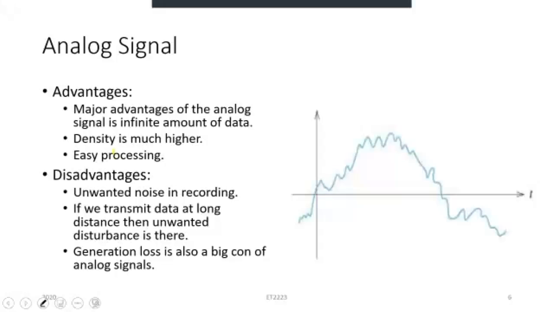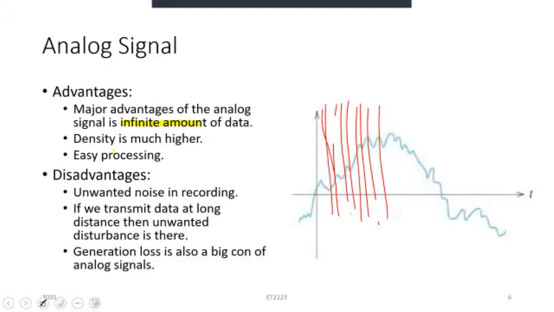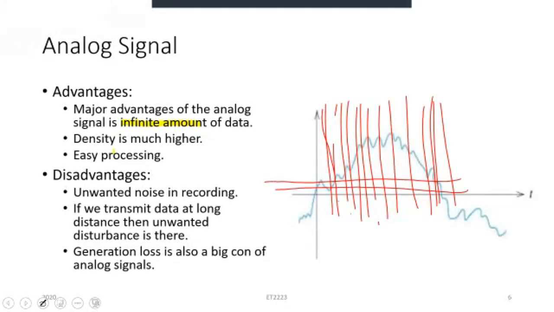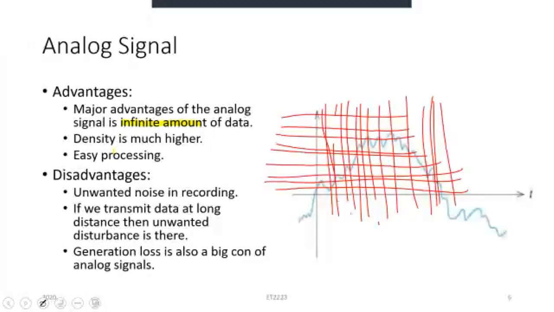Because we have infinite data, we have as much information as we need, and the density of information is also higher. We will have infinite data from the time point of view, and also from the intensity point of view. So along both axes, we will have a lot of data.